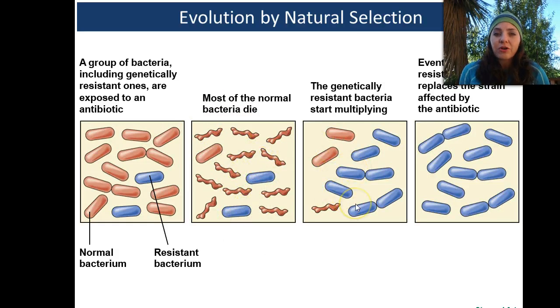Those are the ones that are strong, so they reproduce and they form other antibiotic-resistant bacteria and multiply. Eventually, the resistant strain replaces the non-resistant strain that's affected by the antibiotic, and we start getting these super infections. And unfortunately, sometimes no matter what type of antibiotic doctors try to use, it will not destroy or kill that bacteria. And a lot of people have been dying lately.